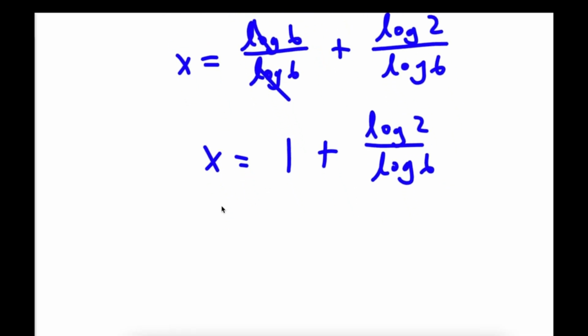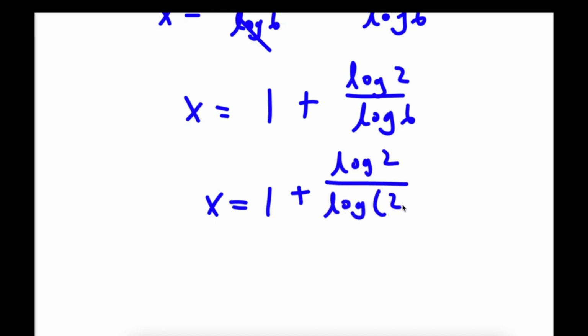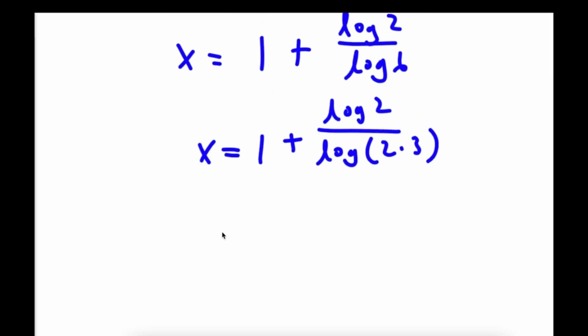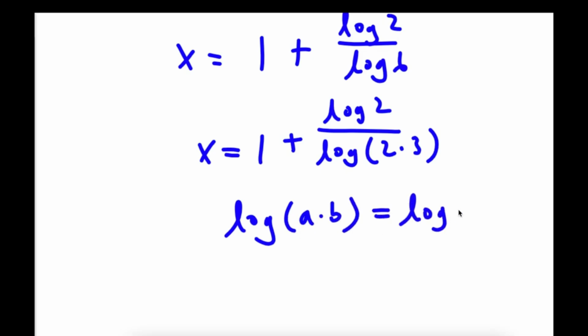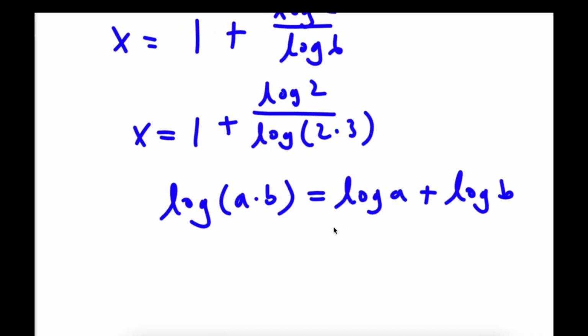Now, log 6, I can rewrite as log 2 times 3. And remember, if we have something in the form log a times b, this is equal to log a plus log b.